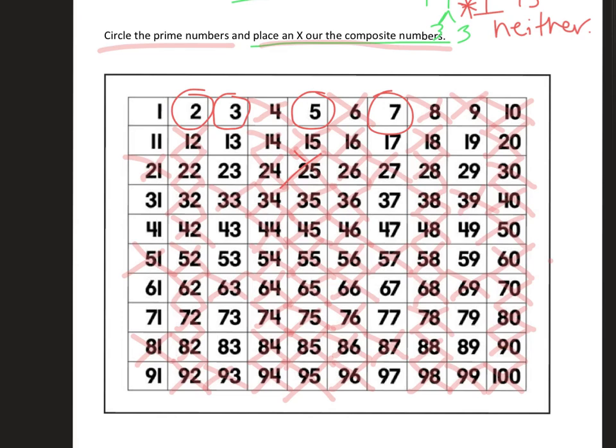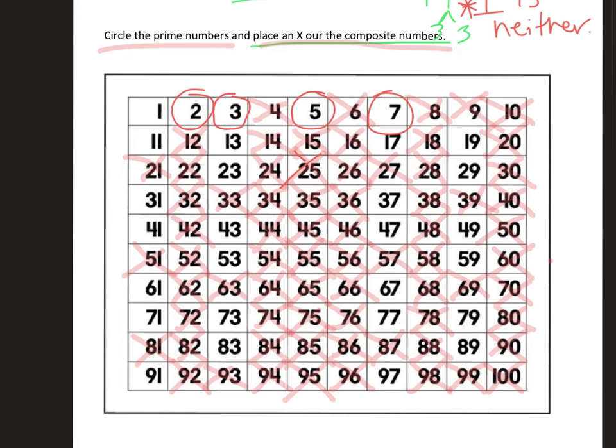I can check my times tables first. So 7 times 1 is 7, 7 times 2 is 14, 7 times 3 is 21, 7 times 4 is 28, 7 times 5 is 35, 7 times 6 is 42. I'm just looking for any in the times tables that aren't already crossed out.